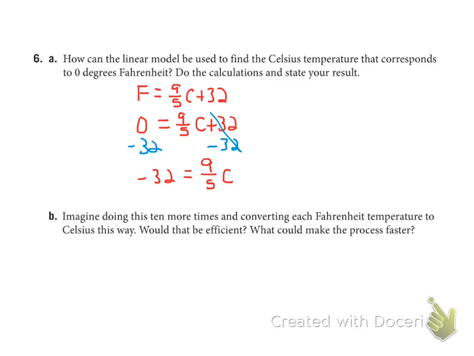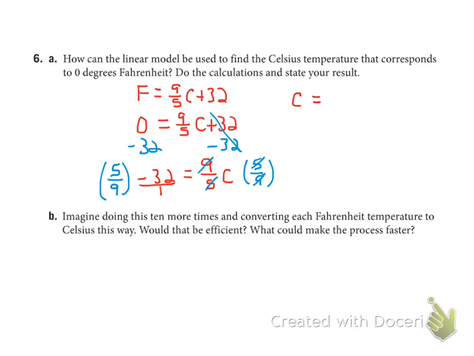We still have to get the C by itself. How do we get rid of that fraction? Multiply by its reciprocal. Good. Multiply by its reciprocal, which would be 5/9. We do that to both sides. So on the right side, those 9's cancel out, so do the 5's, and we're left with C, which is exactly what we want. So that negative 32, you can put that over 1 if that helps you. Multiply straight across and then divide by 9.